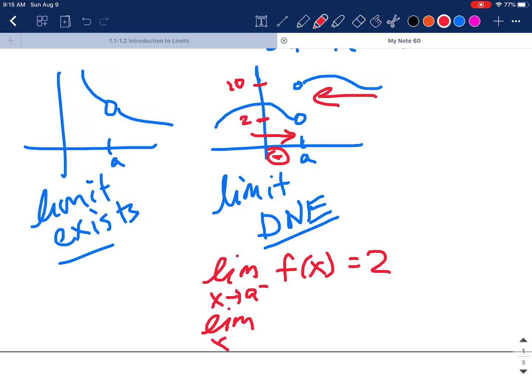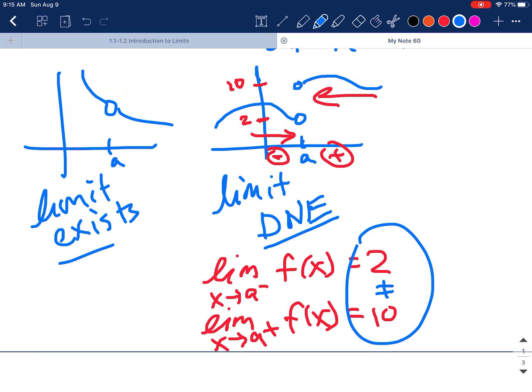And the limit as x approaches a from the right, which we'll denote with a positive sign, is equal to 10. However, those two values are not equal. So the limit as we approach a does not exist, even though the two one-sided limits do exist.